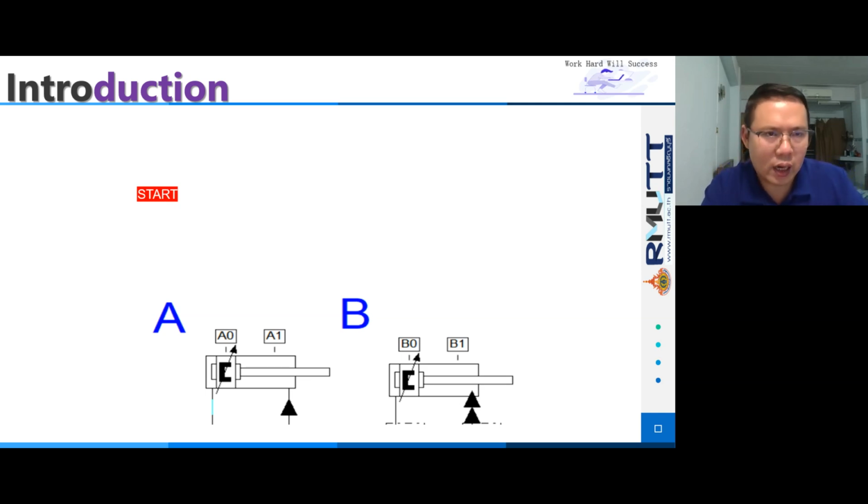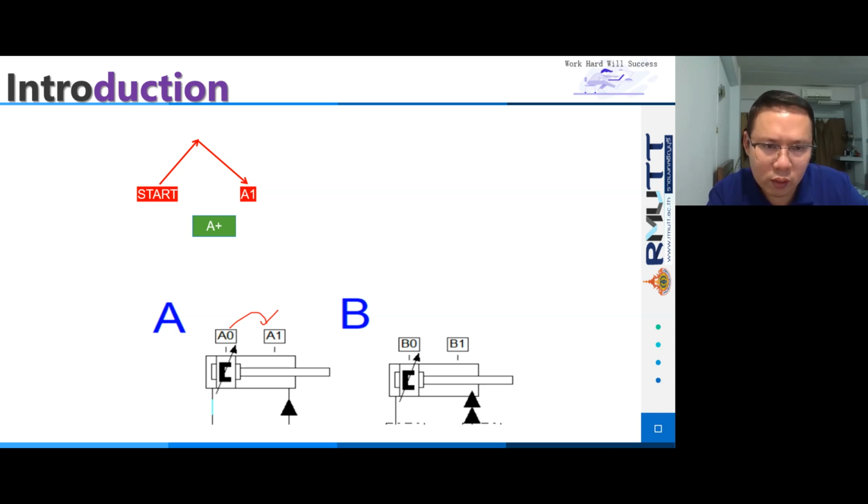When we press the start switch, cylinder A's air stream begins work, moving from A0 to A1. It's A plus motion.